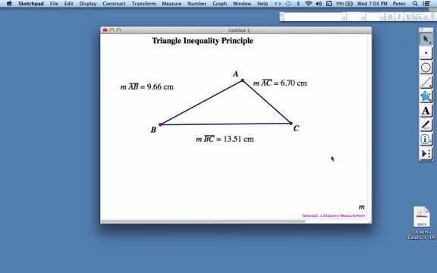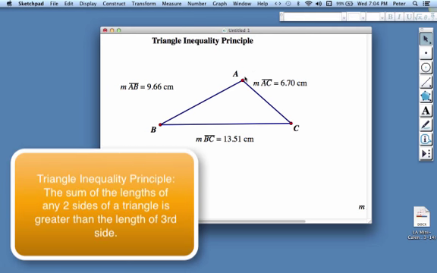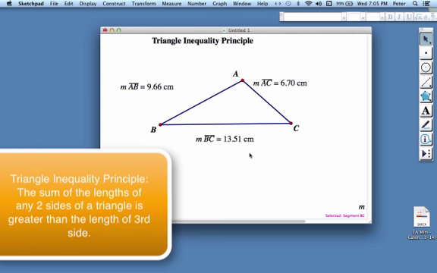A direct result of betweenness is something called the triangle inequality principle. And it states that in any triangle, the sum of 2 sides will always be greater than the length of the third side. So, the length of AB added to the length of AC will be greater than BC.